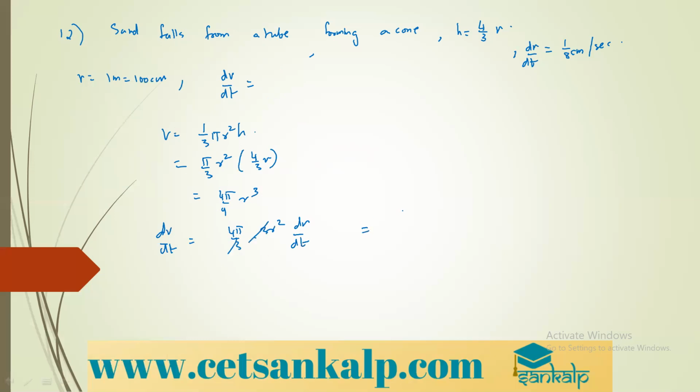That is 4 pi r square dr by dt. We can write 4 pi, r is given as 100, which is squared, dr by dt is given as 1 by 8. 4 twos, 2 into 5,000. So we are getting 5,000 pi.